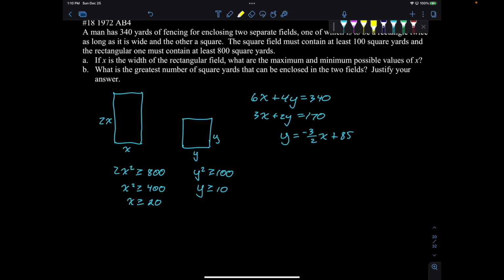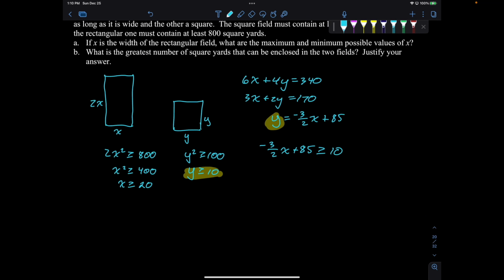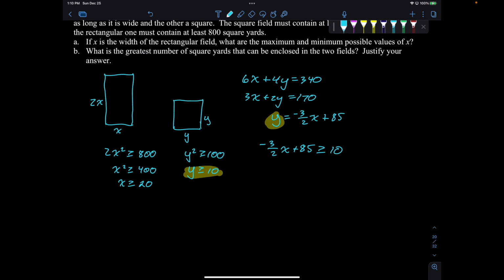Okay, so now we have that y is greater than or equal to 10, and this is y. So that means that negative 3/2 x plus 85 is greater than or equal to 10. So negative 3/2 x is greater than or equal to negative 75.